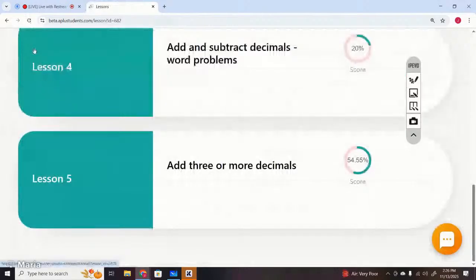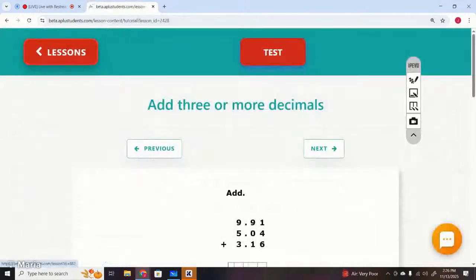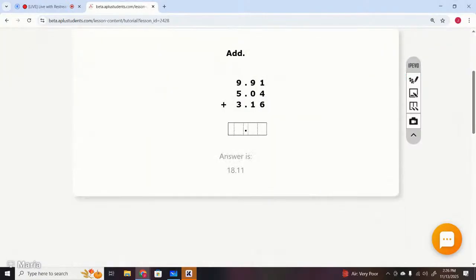Three or more decimals. Let's just start with the lesson. Add three or more decimals. So we need to line up all the decimals according to the decimal point, right? And simply we need to add them like we add other numbers. We are given three numbers, they are lined up.